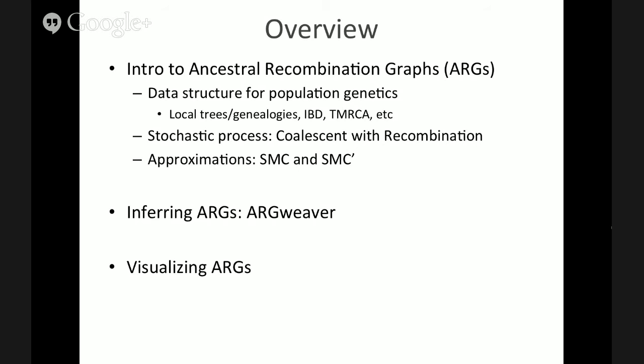And then more recent work has been on approximating the ARG. It's a pretty difficult data structure and stochastic process to work with directly. A lot of calculations are quite expensive.